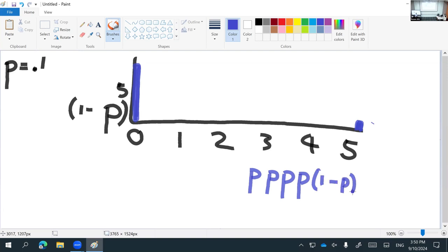Does that make sense? Right? So it's P to the 4, 1 minus P to the 1. That's the probability of me selling 4 houses and not the last house.